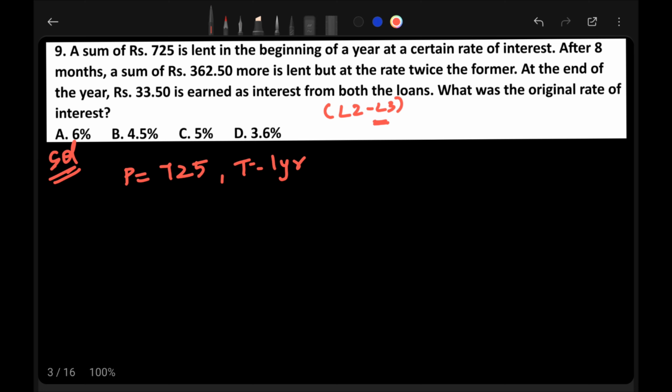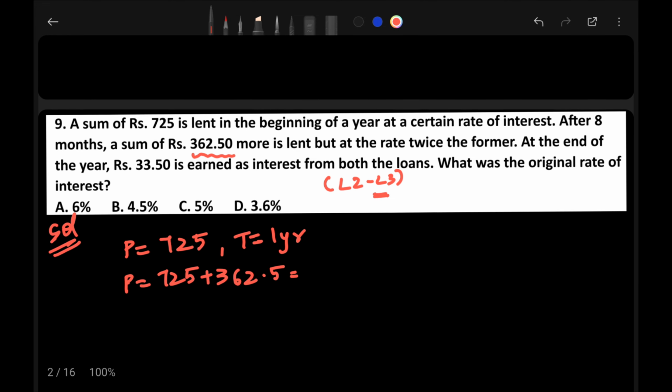After 8 months, a sum of rupees 362.5 more is lent. That means the principal amount became 725 plus 362.5.